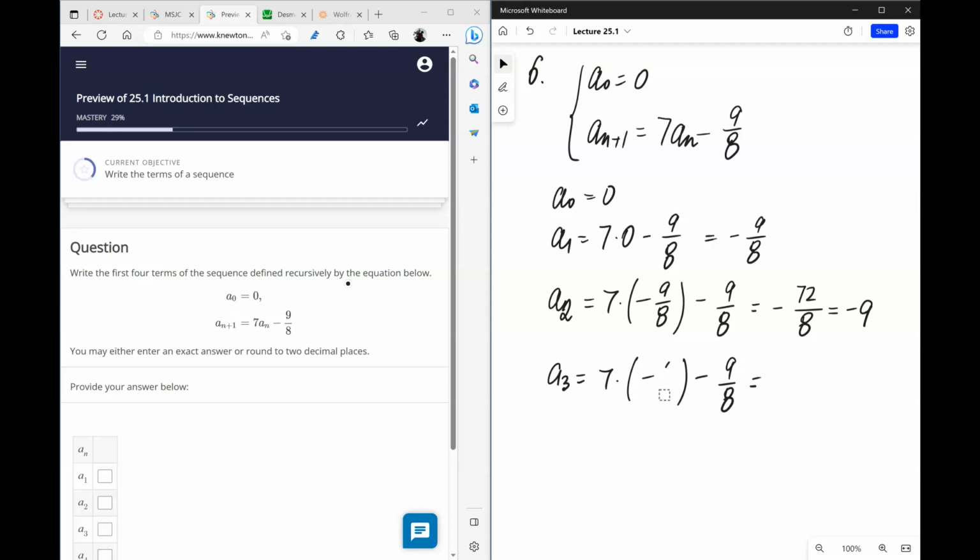I guess because we're doing common denominator anyway, might as well keep it as 8. So we have negative 400, negative 504, negative 513 over 8.